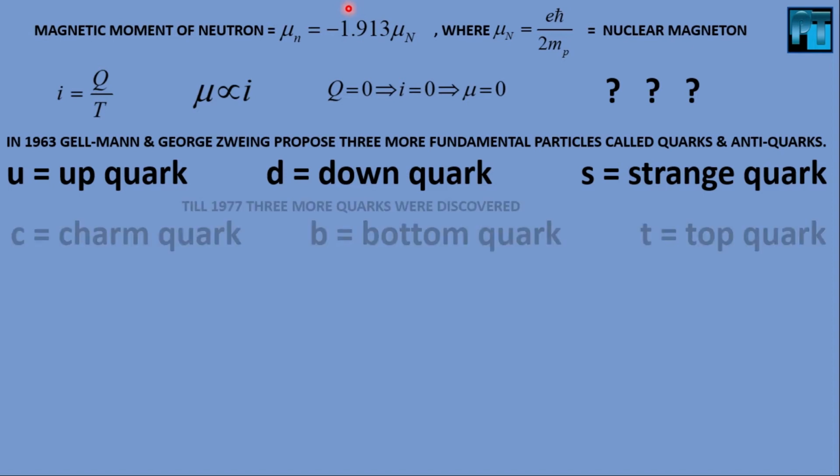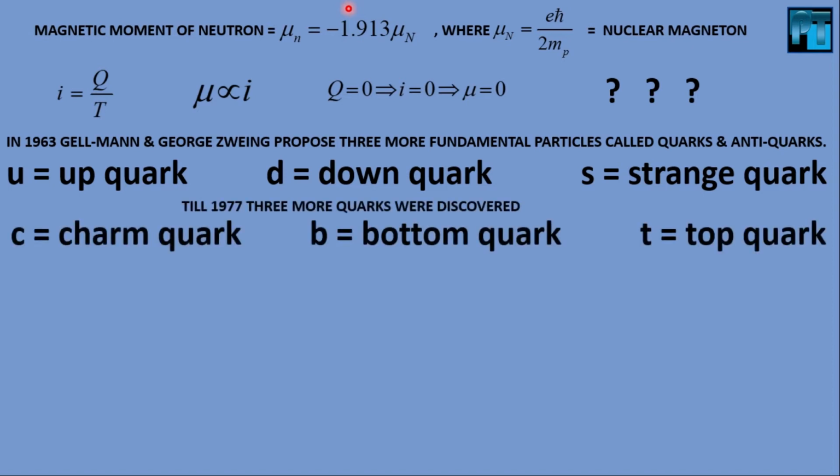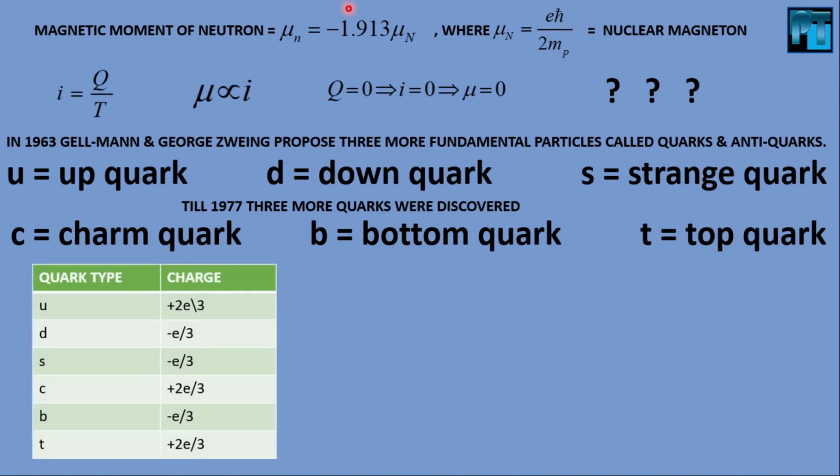Then, one by one, charm, b for bottom, and t for top, these three quarks were discovered. So the number of quarks is actually 6. Their charges are like 2e by 3 or e by 3. These are the fractional charges. These are interesting. I shall tell you later why they are interesting.